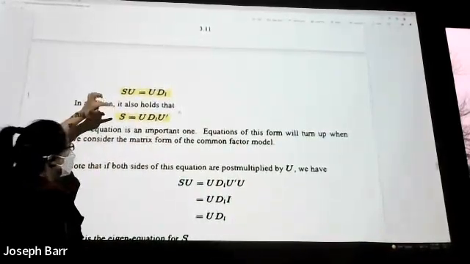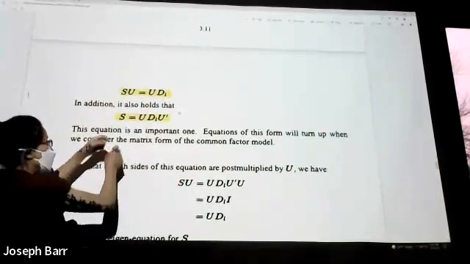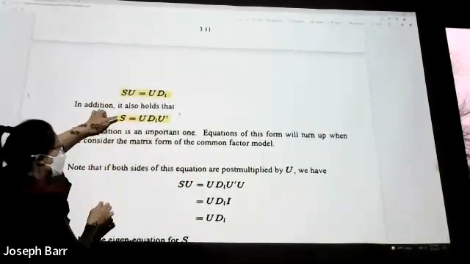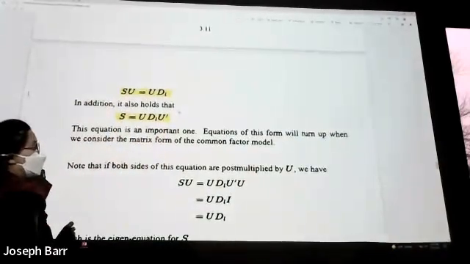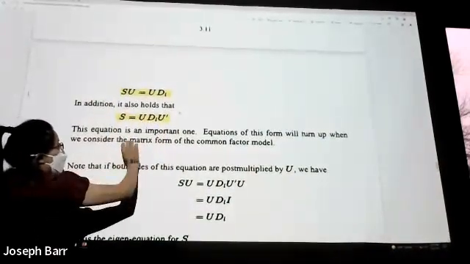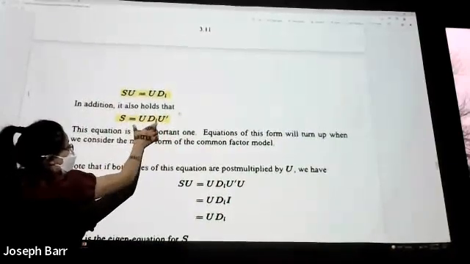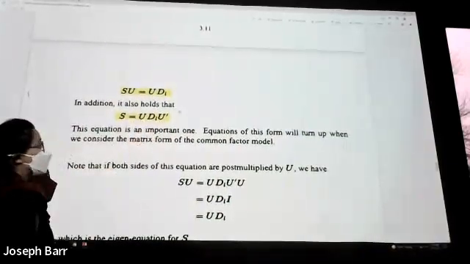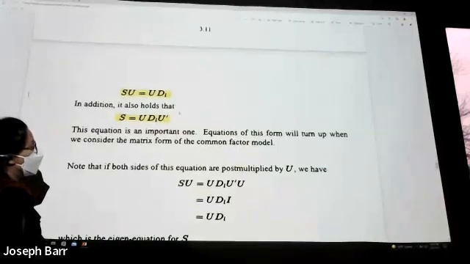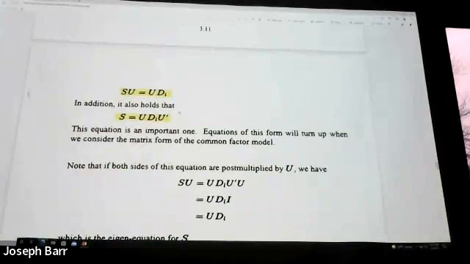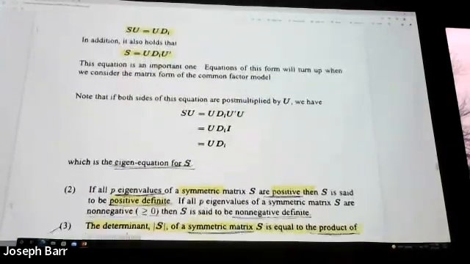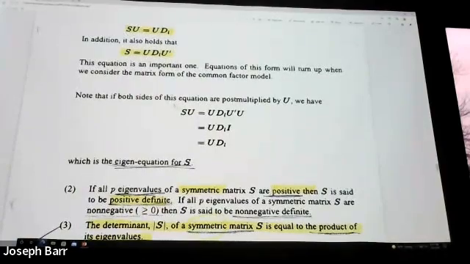This is called eigen decomposition. We try to decompose the symmetric matrix by using this simplified form. Here D is diagonal and these are the same, and this is also consistent with the eigenvalues. So everything becomes simple. That's why it's called eigen decomposition. It's extremely important in math, in stats, and in other engineering areas.